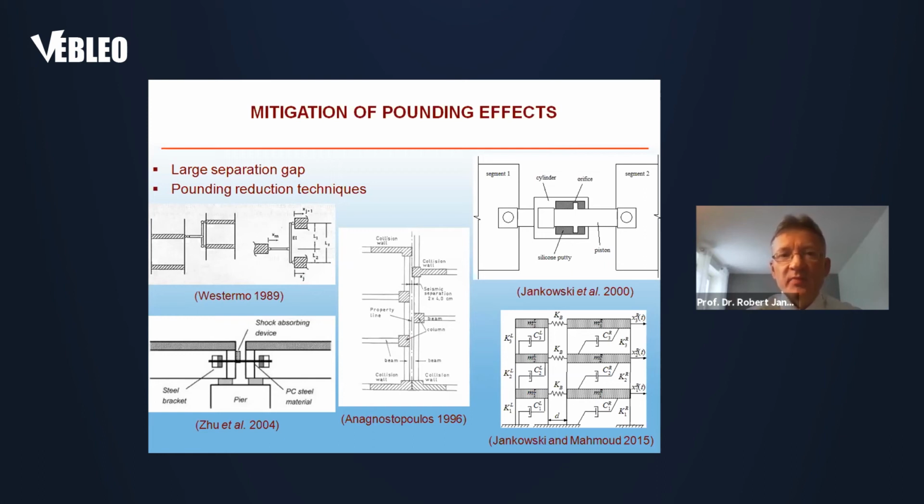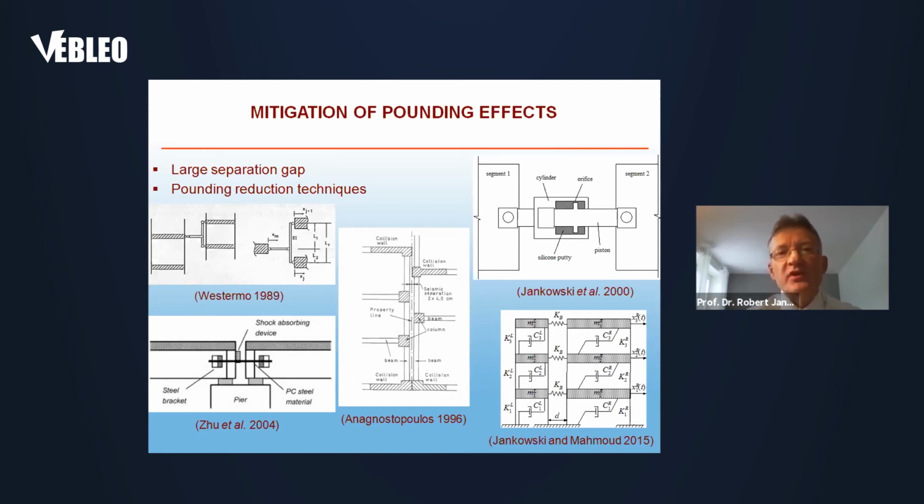On the other hand, making a relatively large gap size in the case of bridges is also not so easy in many cases, because we have to remember that if this is a highway bridge, for example, we have to carry the heavy traffic load over the expansion joint. So there is some kind of limit to making this gap relatively large. That is why a number of different pounding reduction techniques were proposed.